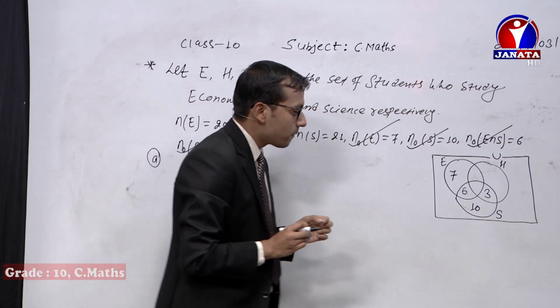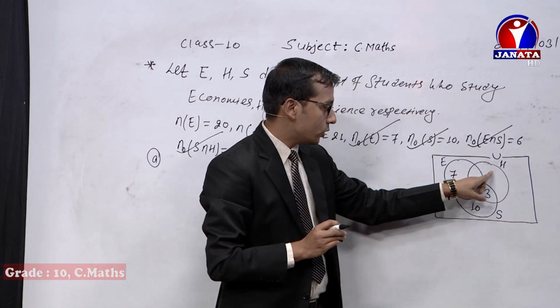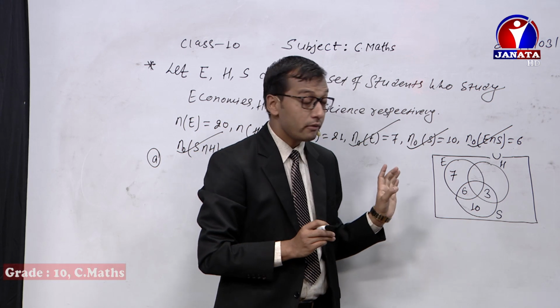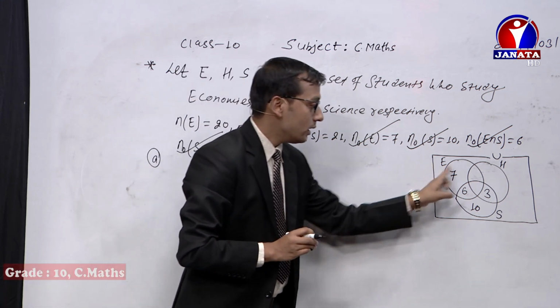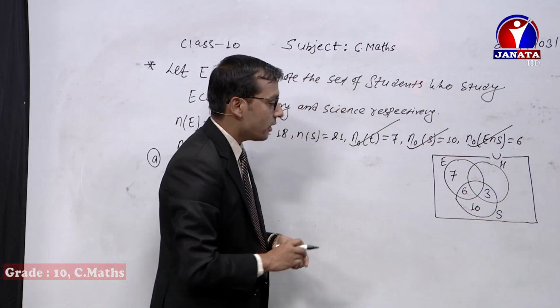So we can say that out of 1, 2, 3, 4, 5, 6, 7 different regions in the union of E, H and S, 3 different regions are unknown.